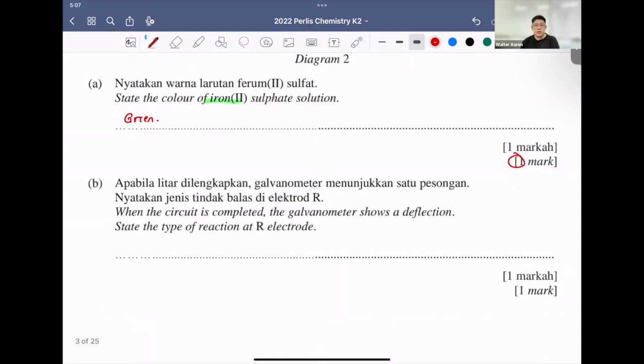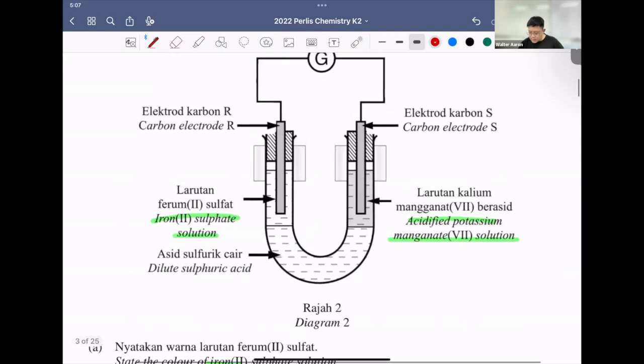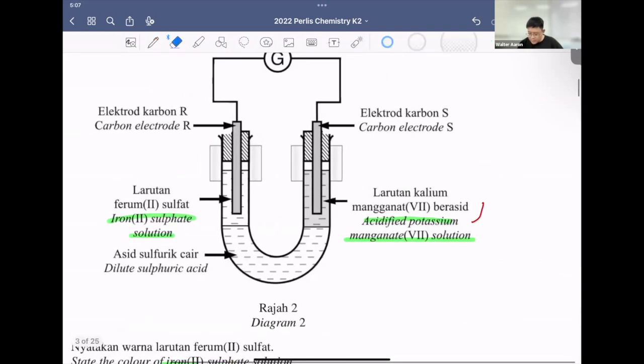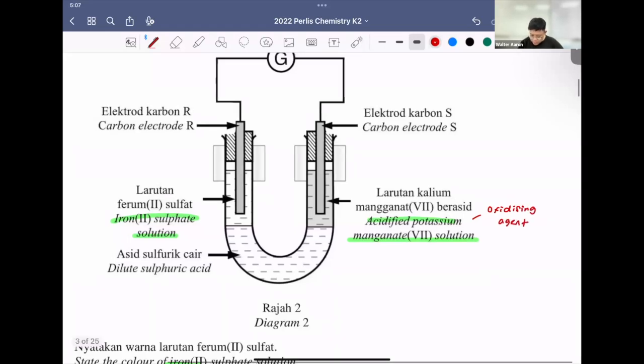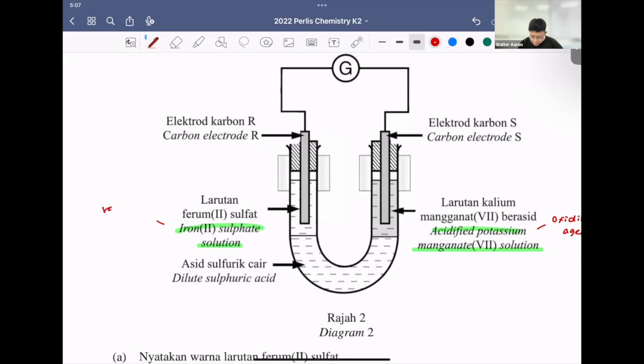When the circuit is completed, the galvanometer shows a deflection. State the type of reaction at electrode R. Since acidified potassium manganate(VII) is a very good oxidizing agent, this one must be your reducing agent.